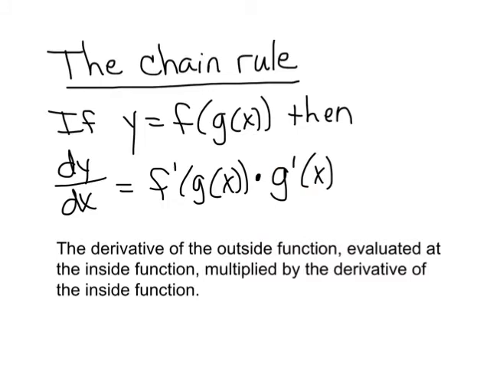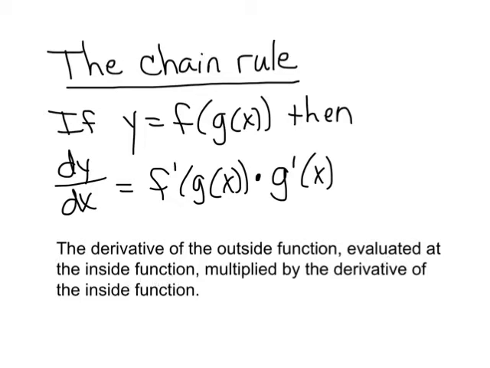So here's the meat of the chain rule. In symbols, it says if I have a composite function, y equals f of g of x, then the derivative of that is going to be f prime of g of x times the first derivative of g of x. So it's the derivative of the outside function evaluated at the inside function.